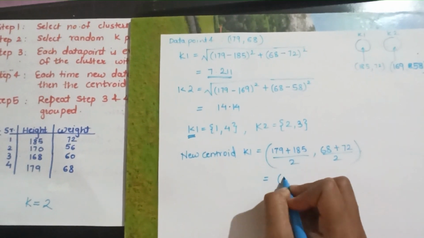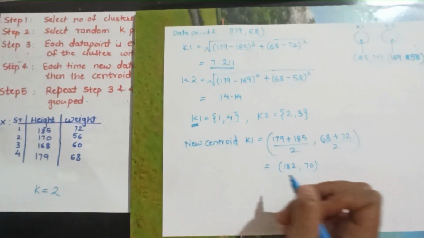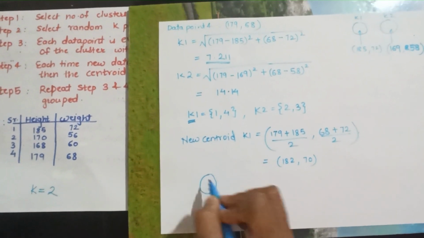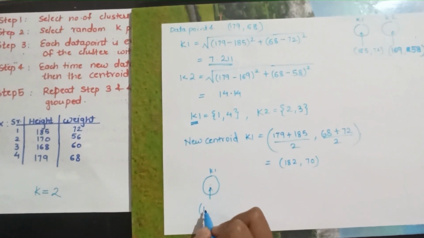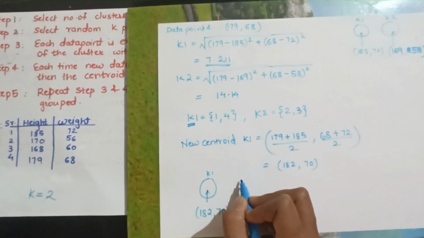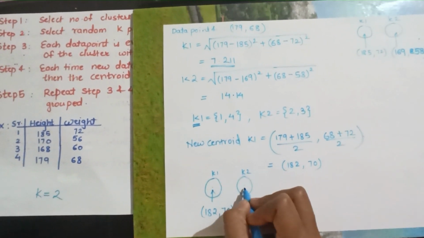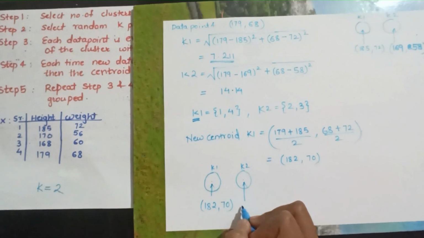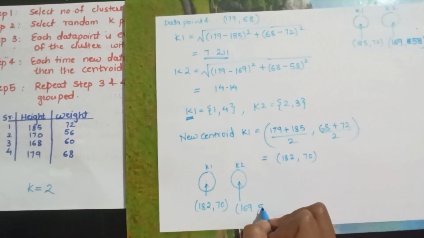On this calculation you get 182 and 70. So now the centroid value for cluster K1 gets changed and becomes 182 and 70, and the centroid value for cluster 2 remains the same, that is 169 and 58.